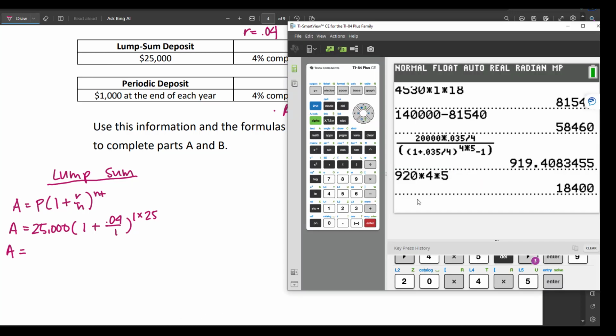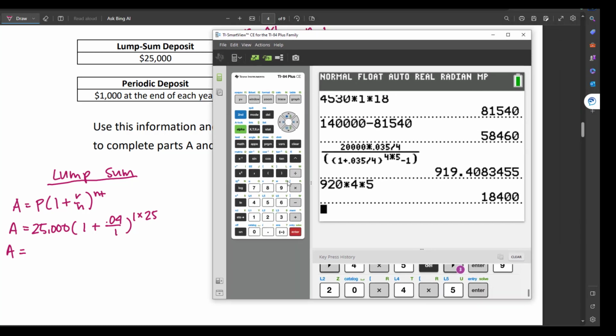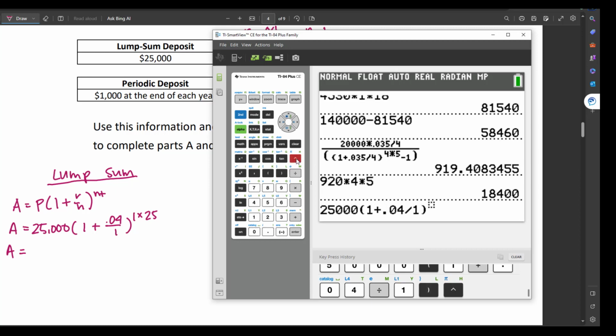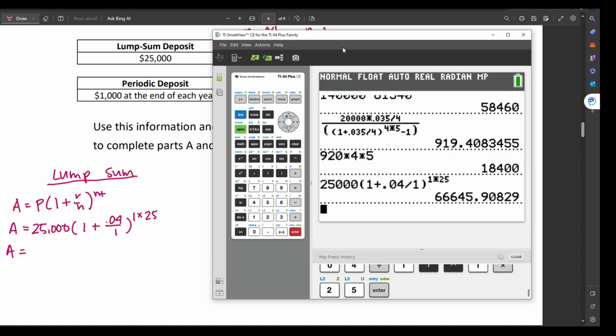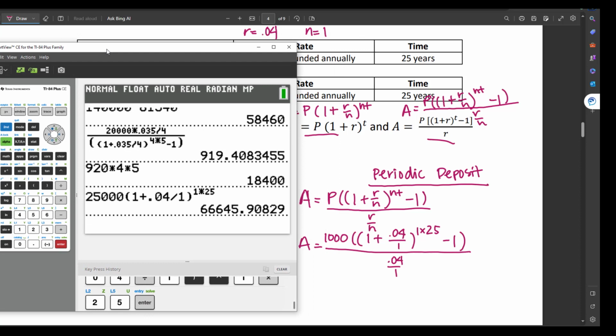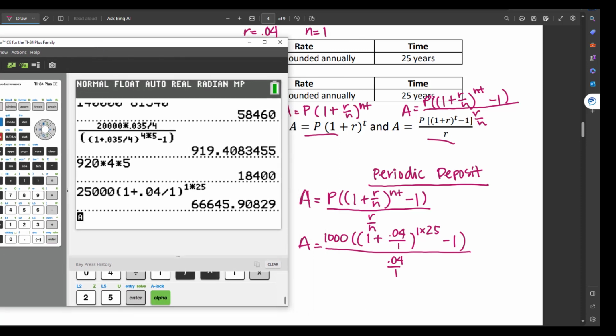So let's put both of these formulas into our calculator. We have 25,000, and then we have 1 plus 0.04 divided by 1. Close our parentheses. We have our exponent of 1 times 25. Okay, and then our other formula, I'm going to make our fraction.